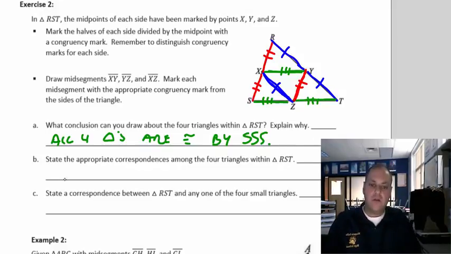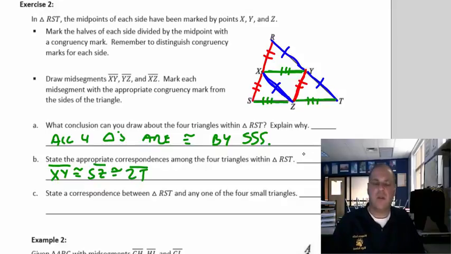So it's going to be XY is congruent to SZ, is congruent to ZT, and so on. We're going to skip this one because I don't really care about that. State a correspondence between triangle RST and any one of the 4 small triangles. Okay, so you can do any kind of correspondence there you want.